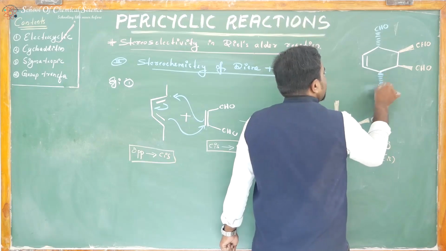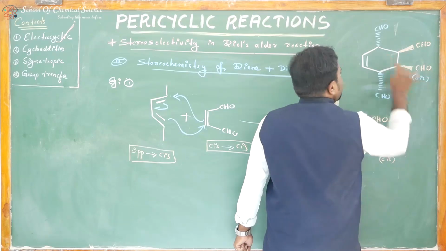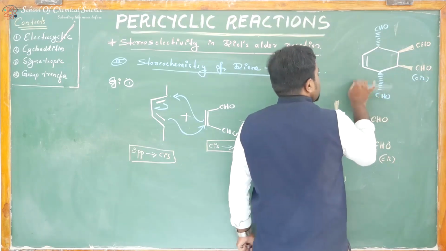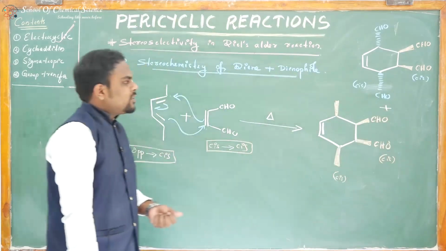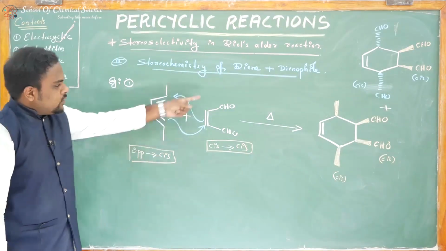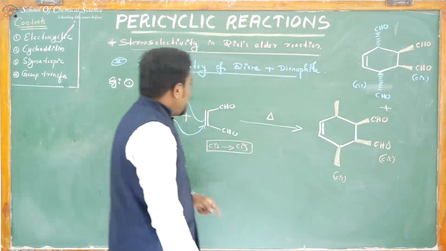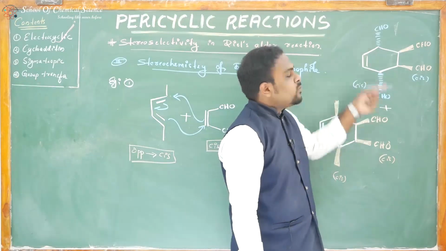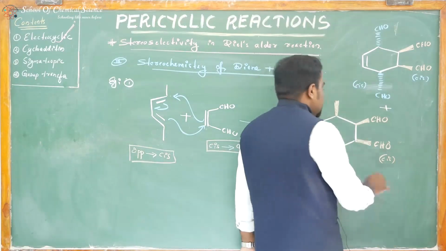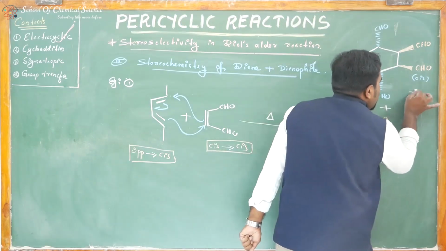So here cis product with respect to this one also cis. My question, both possibilities are there. Okay. 2 CHO cis. 2 methyl groups cis. Here also 2 methyl groups on same plane. This is product number 1 and this is product number 2.